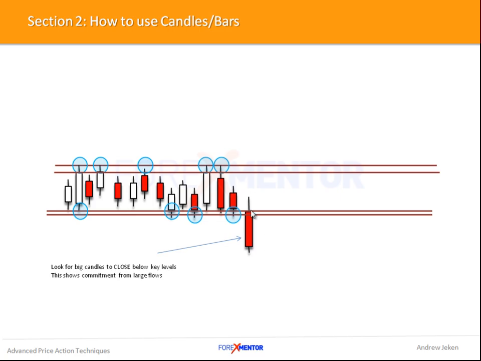You don't want to see it just close very briefly below or just above a level. You want to actually see it take out. You see these wicks, for example, here. You want to see it clear and close. The important thing is it must close below these areas, and the closer it closes to the lows, the more weight it adds.